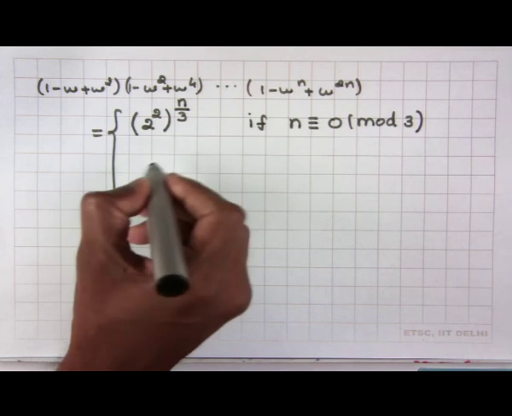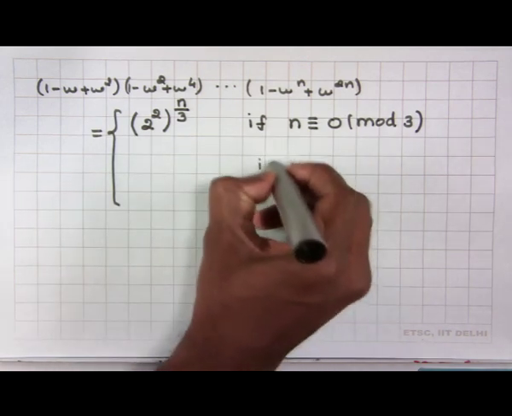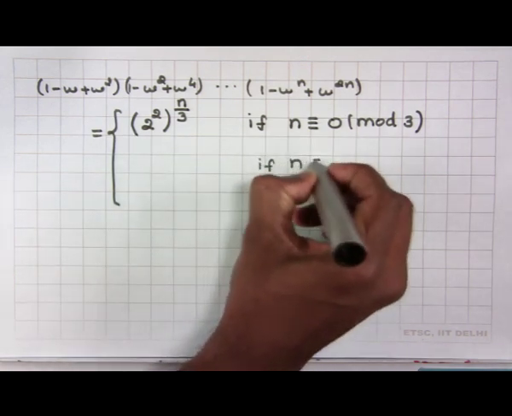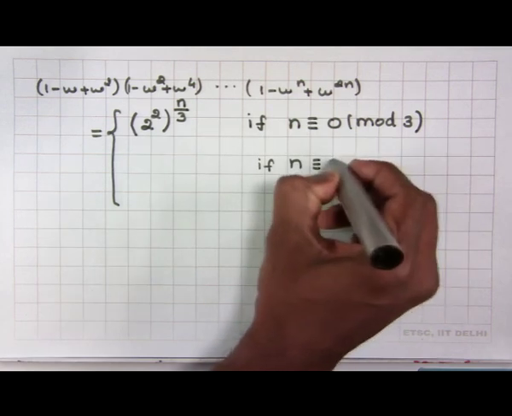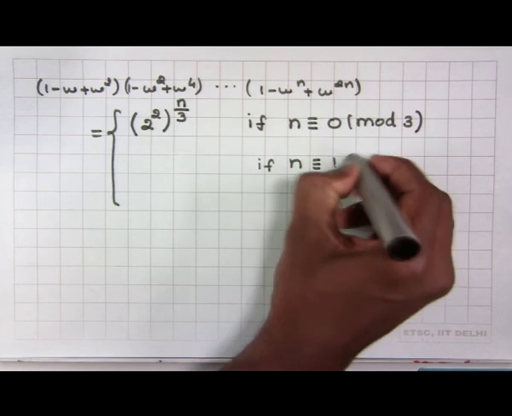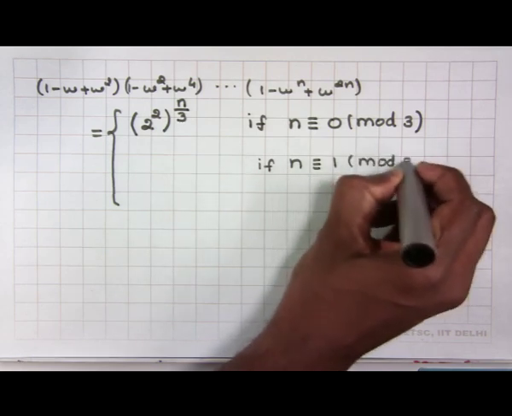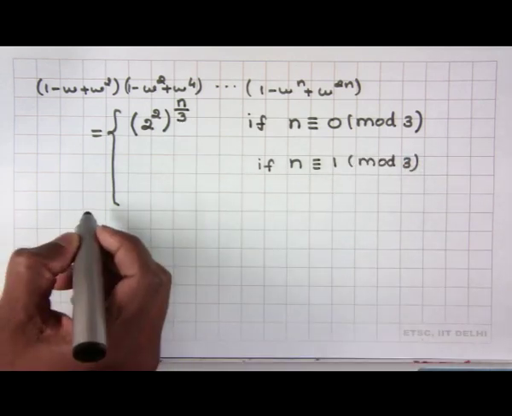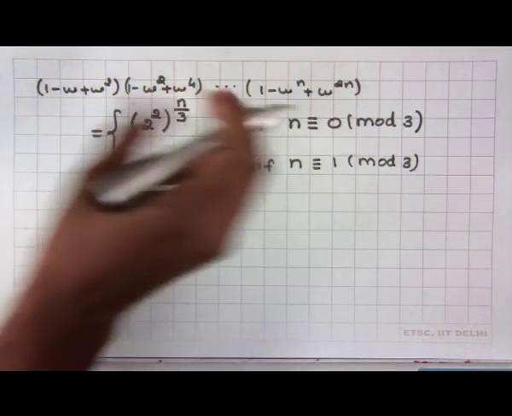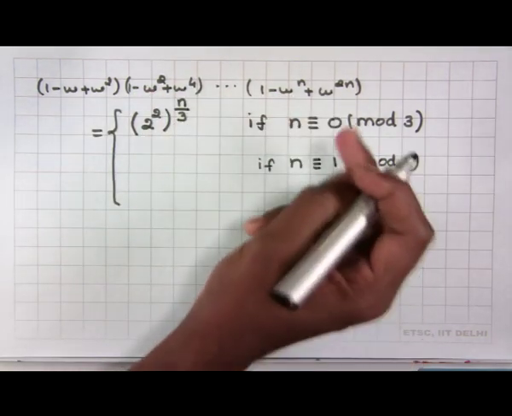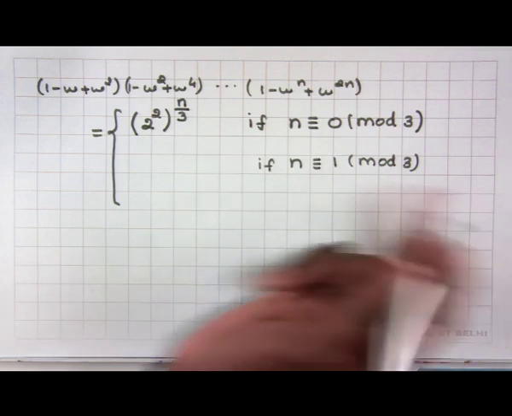And when n is say a multiple of 3 plus 1, then when we combine the three terms, we will be left with one term.